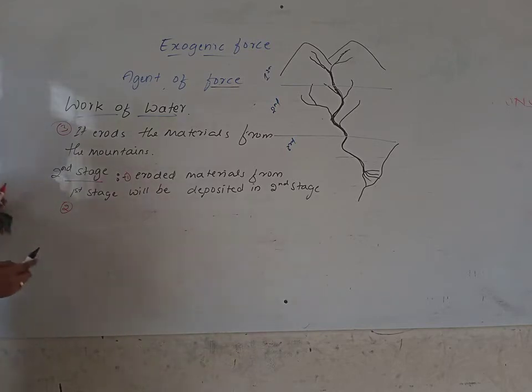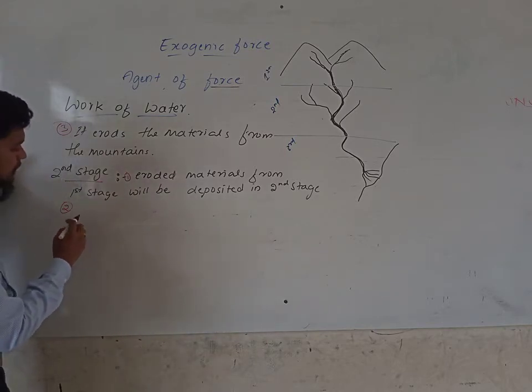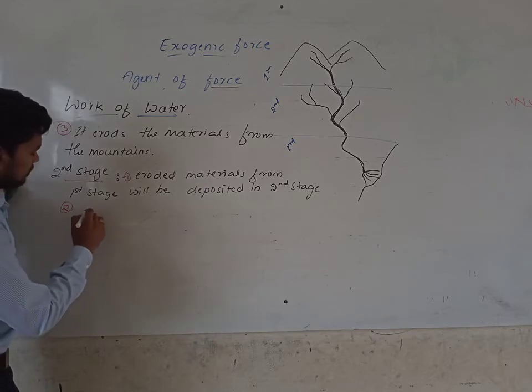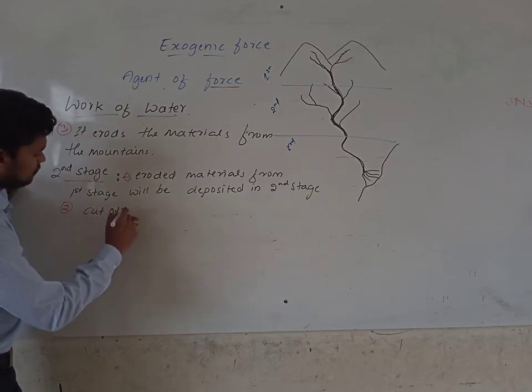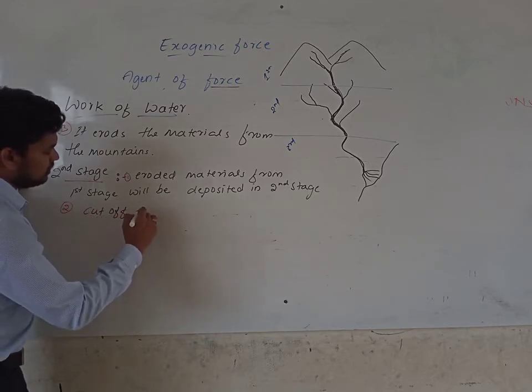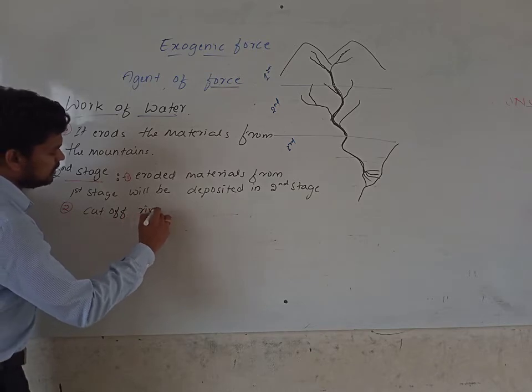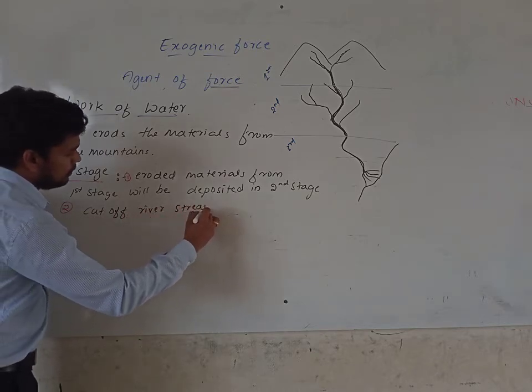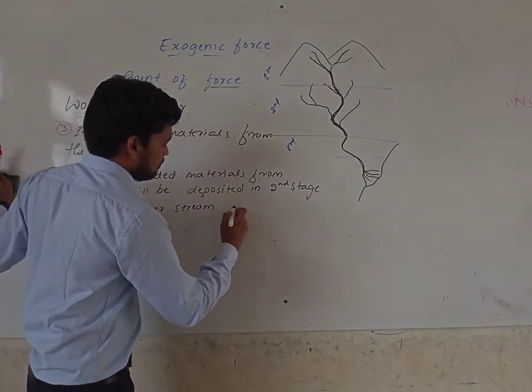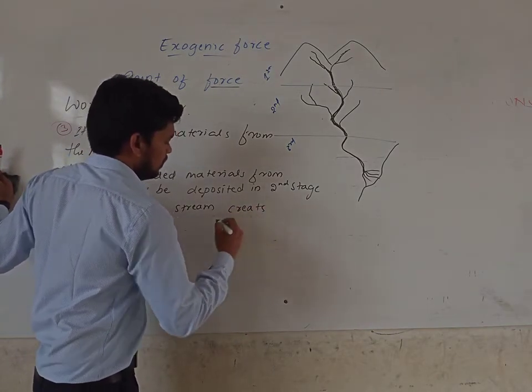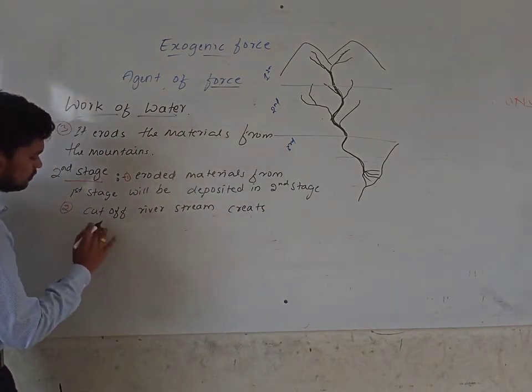Then the cutoff river stream creates an Oxbow Lake.